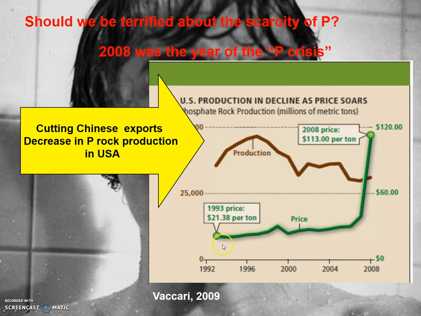Well, the price of phosphorus increased from around $21 per ton up to $113 per ton in 2008. This was due to two facts. First, China reduced the export of phosphorus fertilizers, and also the production of phosphorus rock in the USA decreased.